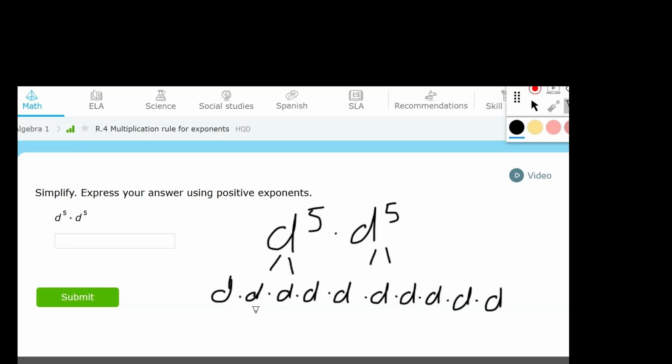And if you count them all up, how many d's do we have? Well, indeed, we have d to the 10th. So the shortcut way of thinking about this is d to the 5 plus 5, and we get d to the 10th as well.